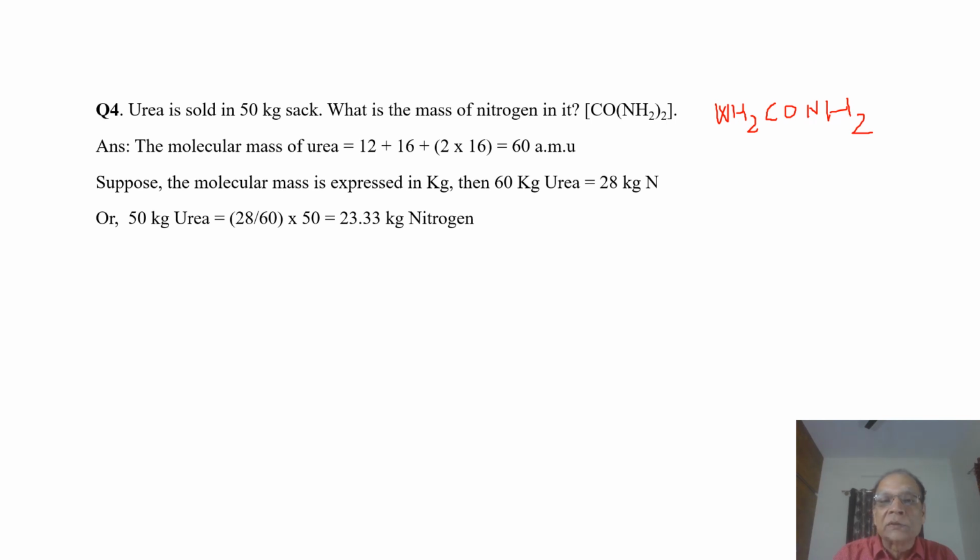So if we convert this from AMU to kg, then out of the 60 kg urea, 28 kg will be nitrogen present in it. So 50 kg urea has 28 upon 60 into 50, which is 23.33 kg of nitrogen.